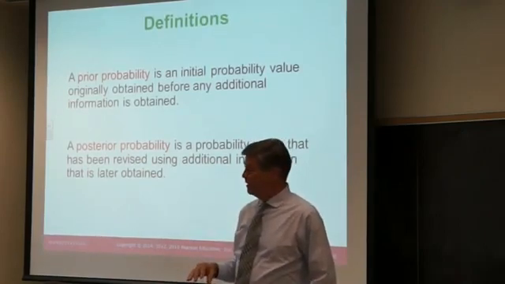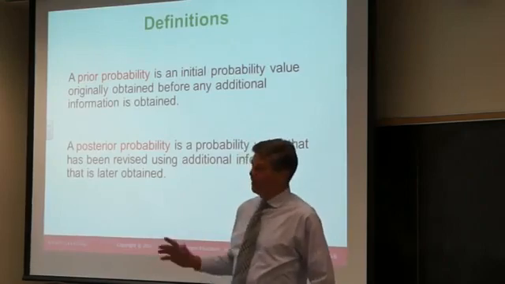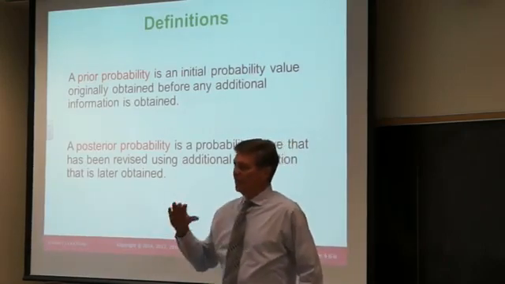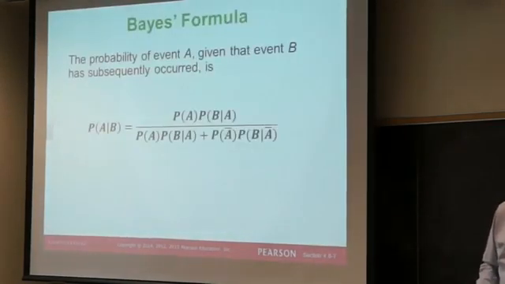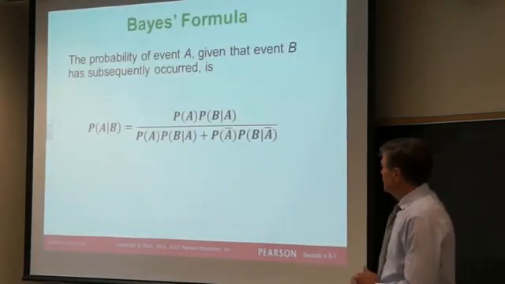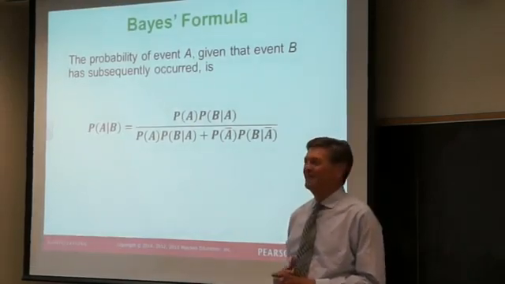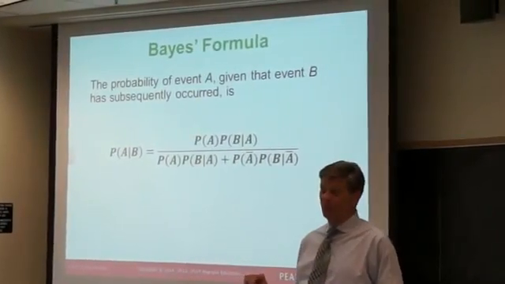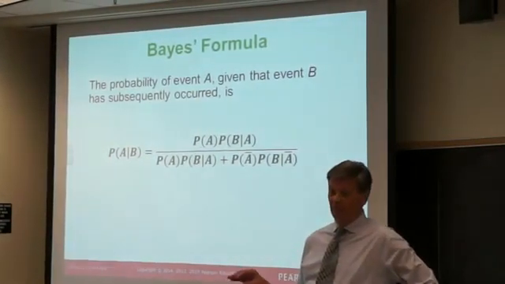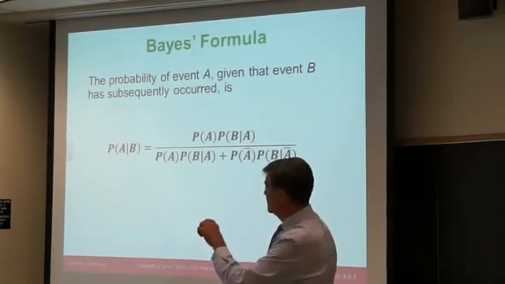Posterior probability means I get more information, so I update my prior probability, and the way I update it is using a formula, Bayes' formula. That's pretty obvious, isn't it? Don't panic, don't worry about it. That's one form of the formula. That's actually one of the easier forms of the formula. You can go out to math sites and it's about twice as long as that.